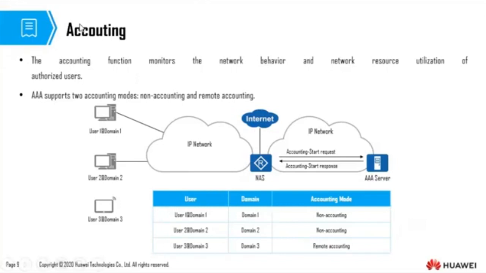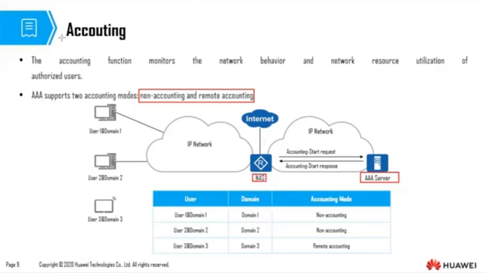Okay, and then we have accounting. Unlike authentication and authorization, accounting can only be done in two modes. It's either you're not accounting, called non-accounting, or you're using the AAA server to do the accounting. So that is what we call remote accounting. As you might already have thought, we can't do accounting on the NAS because the NAS has limited storage and processing resources.